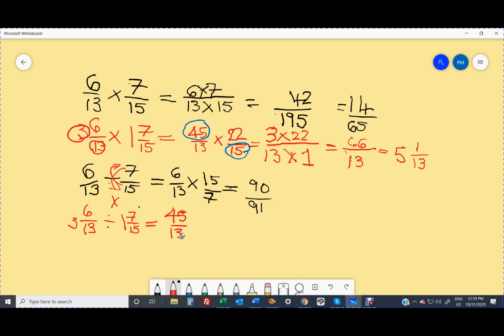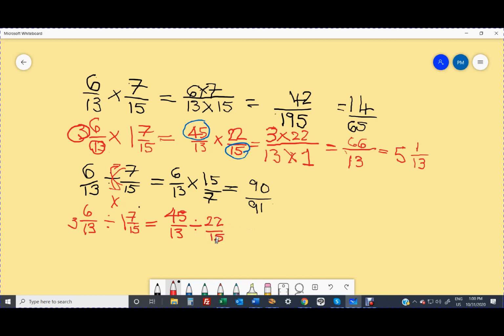We got it from up there. And then we keep the same situation. We go divide, because we're not doing any division at the moment. We're just organising ourselves. And 1 and 7/15 is 22/15. So that's 22/15.